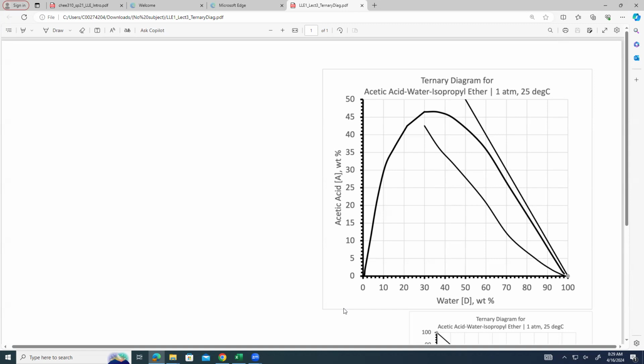I apologize for being left-handed, so I cover everything that I write as I'm writing it. And then we would just do the mass balance to get the remaining, which would be 68. Thank you. I'm terrible when it comes to the math.